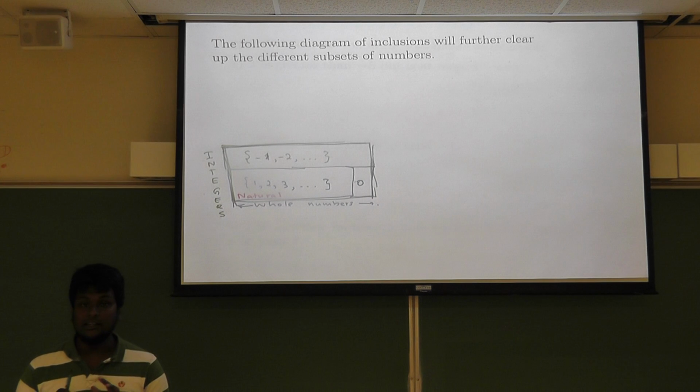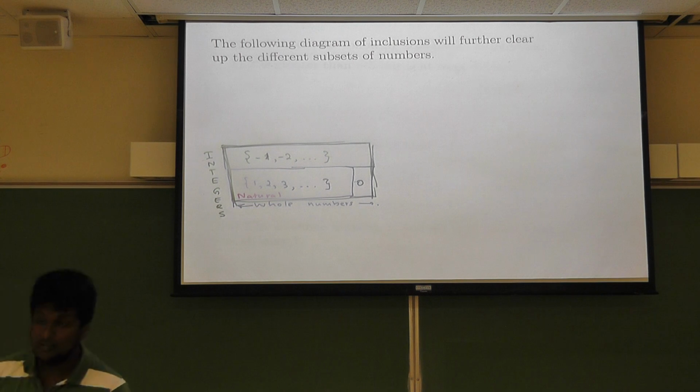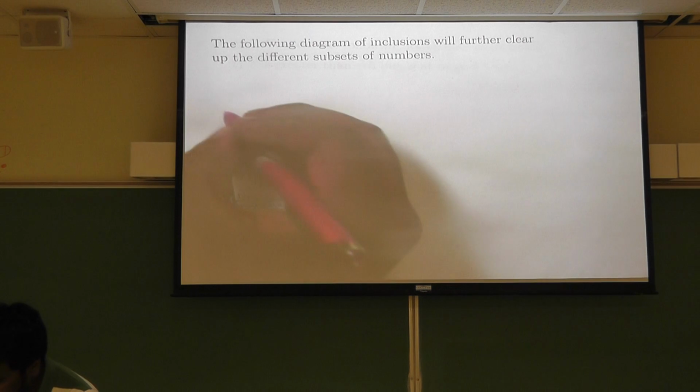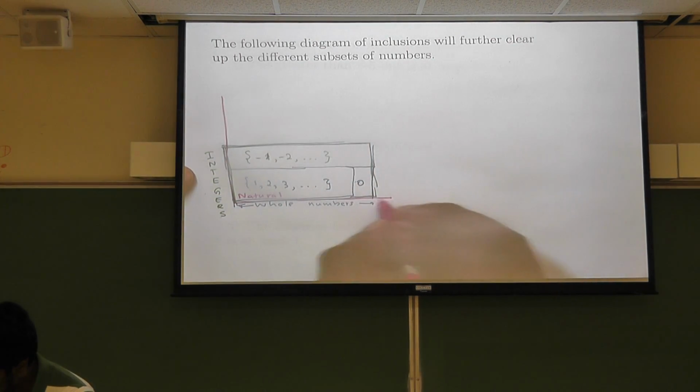Now, once you have the integers, you can take fractions of integers, and the set consisting of all such fractions is called the rational numbers. So that's a bigger set containing everything here.